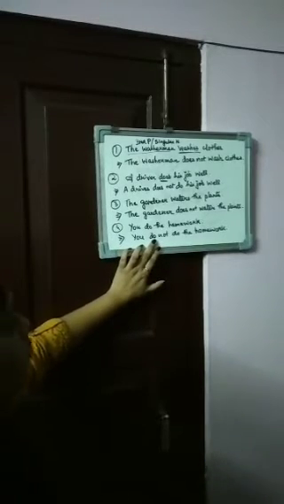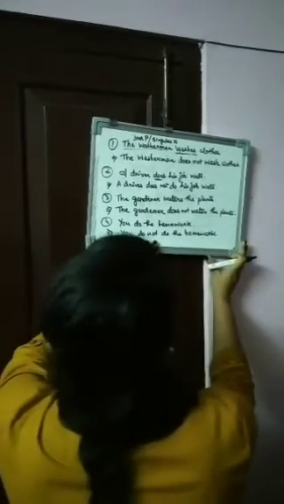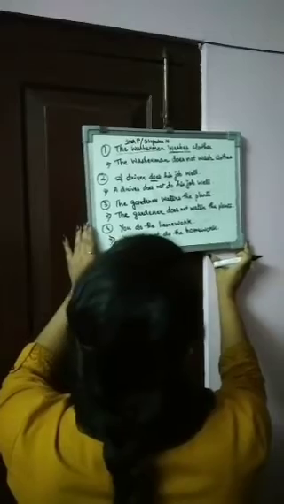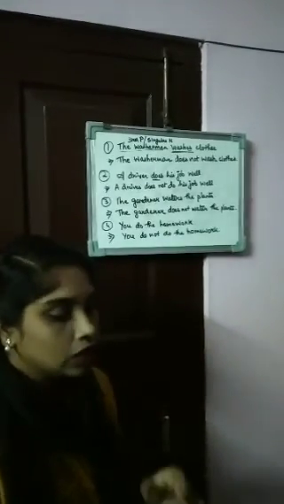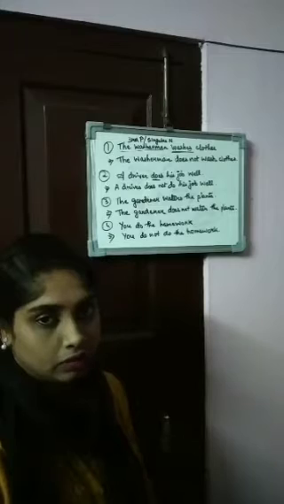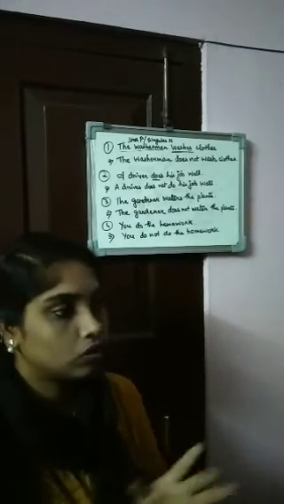That's why we have put do here. In the sentence, when you see that the subject we are talking about is in third person singular number, and in case of present tense, always remember this thing.